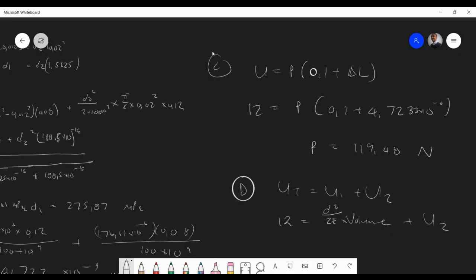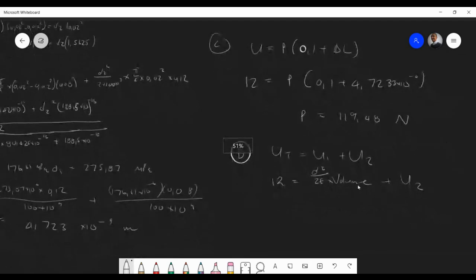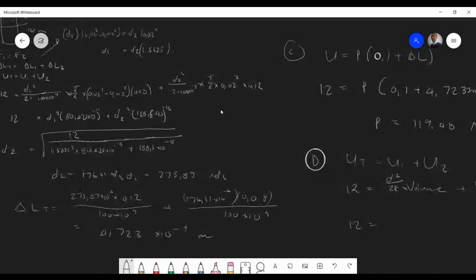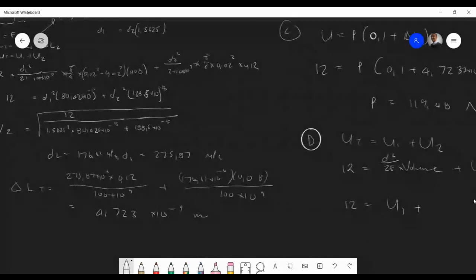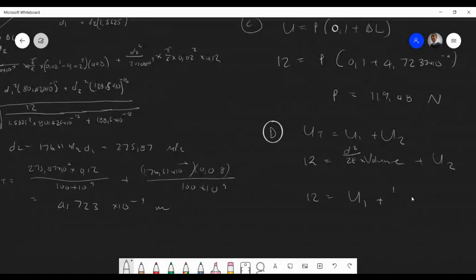In fact, you can do this for each one, and they should be equal to 12 in the end. I'm not sure what the textbook uses. I think they use stress 1, so I'll just use stress 2. So I'll just say U1, stress 2 is going to be 176.61.